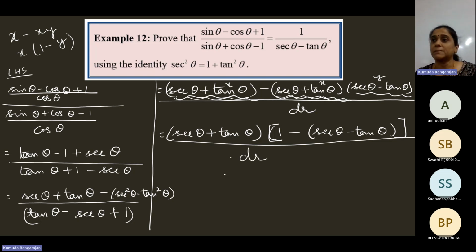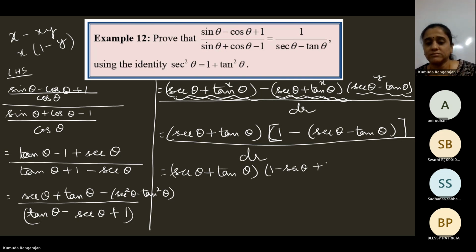So this is equal to secant theta plus tan theta into 1, open the bracket, 1 minus secant theta plus tan theta. Minus into minus plus. 1 minus secant theta plus tan theta.